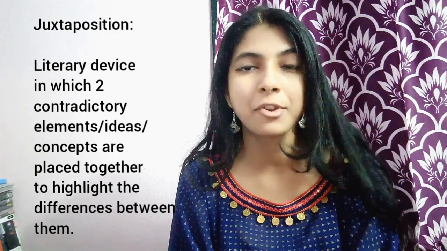Juxtaposition is a literary device where two contradictory ideas, concepts, or elements are placed close together so that the author can highlight the differences between them. For example, the author shows a wealthy person's mansion and a poor cobbler's home.